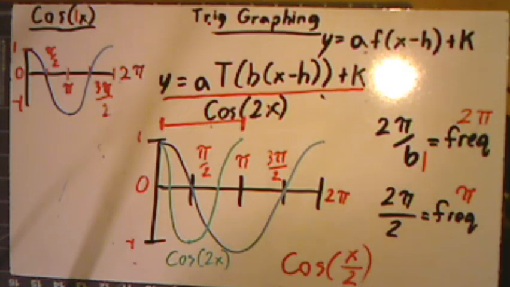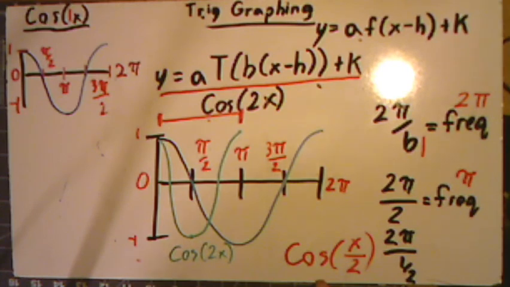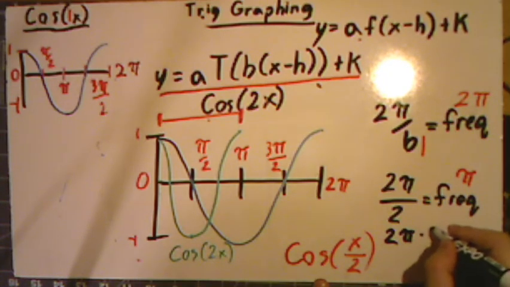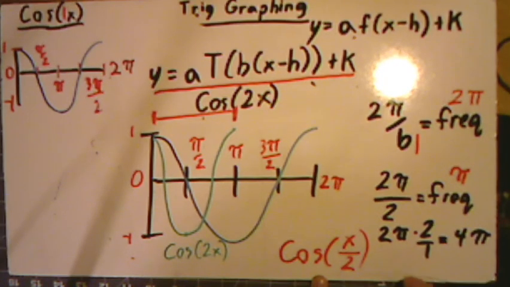When you're dividing by 2, you would take the 2 pi divided by 1/2, and to remember, when dividing by a fraction, it is the same as taking its reciprocal. So it's the same as multiplying 2 pi by 2 over 1, which is just 2, and that equals 4 pi.